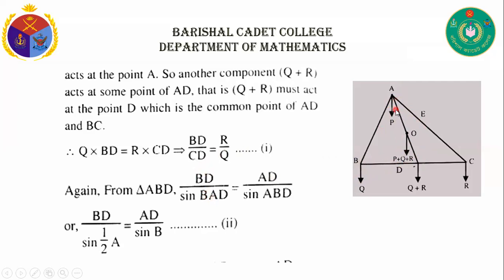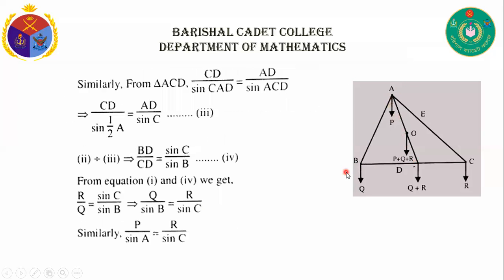We know that angle BAD is half of A, so sine BAD is sine half A, and angle ABD is angle B. And from triangle ACD, again we can write CD by sine half A equal to AD divided by sine C. Dividing the two, we can write BD by CD equal to sine C divided by sine B, since sine half A and AD cancel.